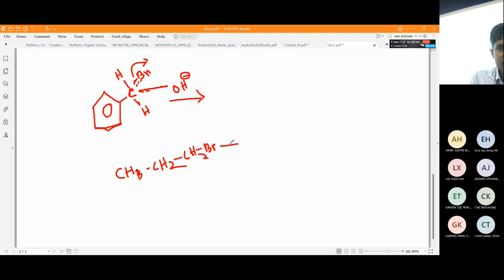So in this case, we are adding hydroxyl ion, and with high heat, let's say more than 100 degrees centigrade, what will happen is CH3 and then CH double bond CH2. So the bromine is leaving, of course, elimination.